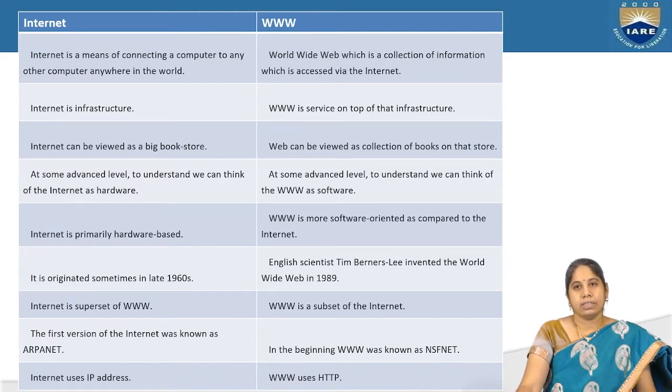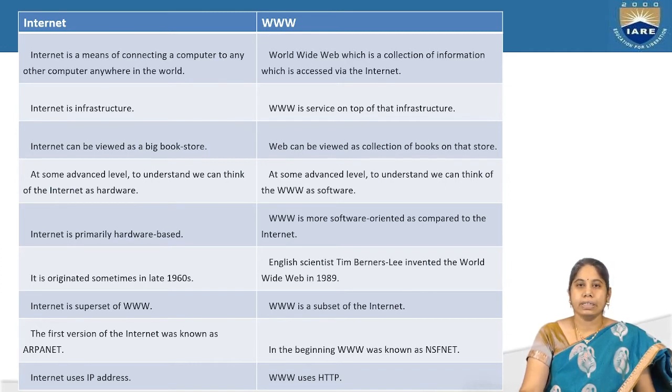Now we will briefly differentiate between the internet and WWW. The internet is connecting a computer to another computer anywhere in the world. The World Wide Web is a collection of information accessed via the internet.